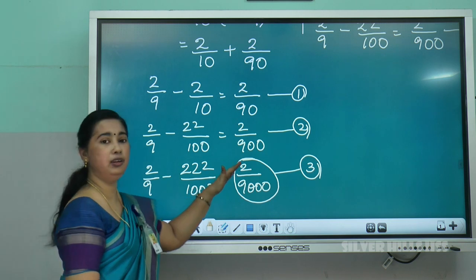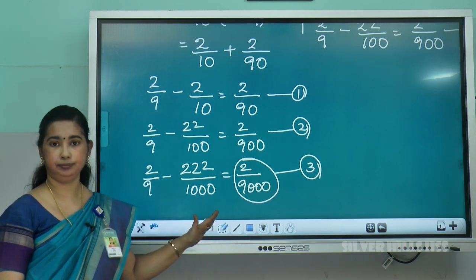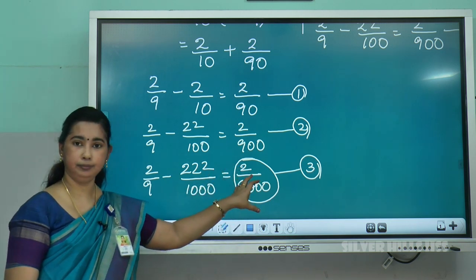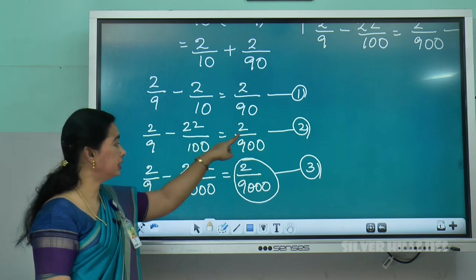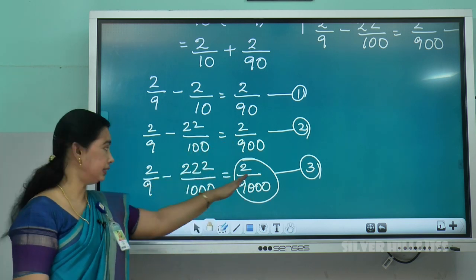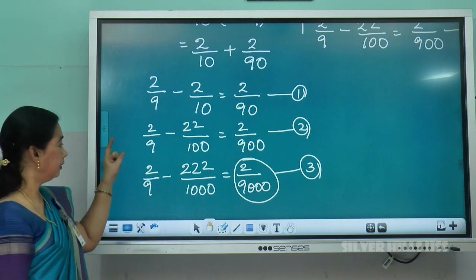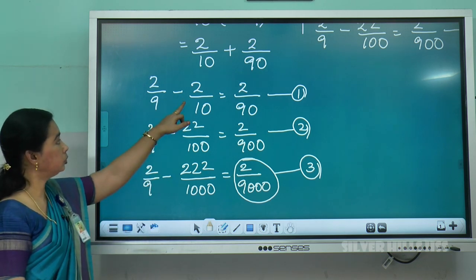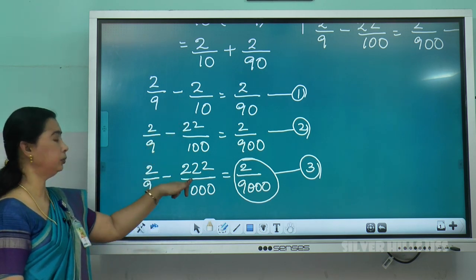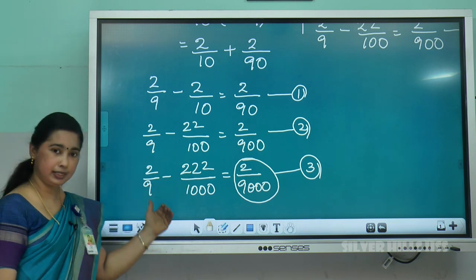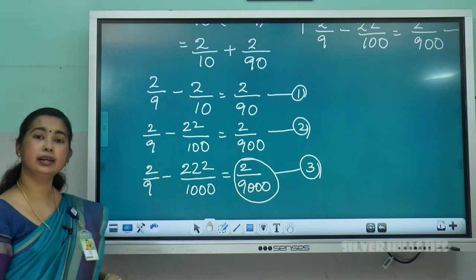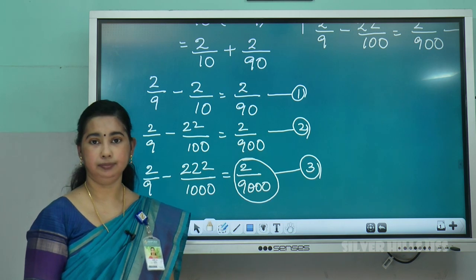These all are infinitesimally small. Compared to this one, this is very small. That is why I can say that 2 by 10, 22 by 100, 222 by 1000, etc. are coming closer and closer to 2 by 9.